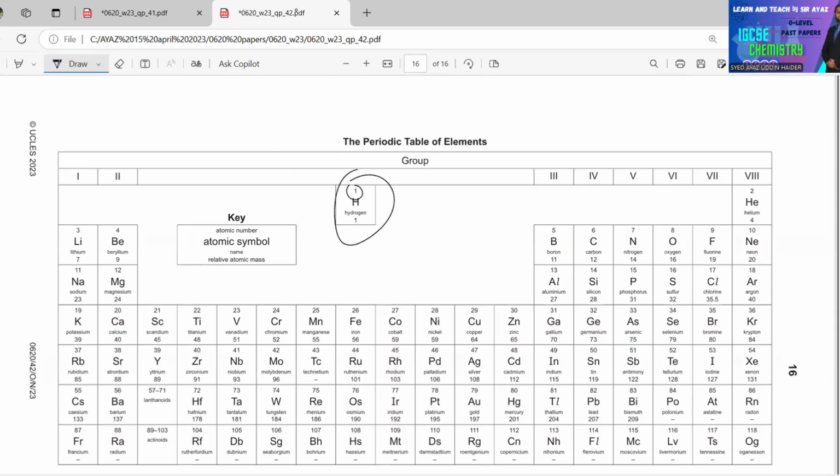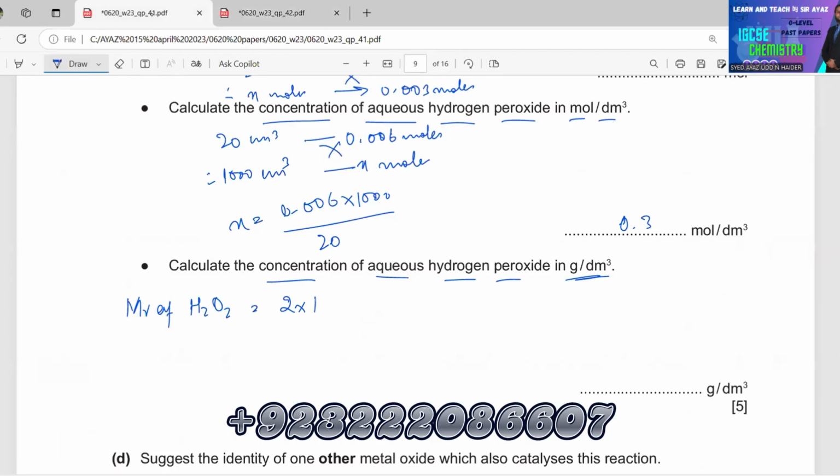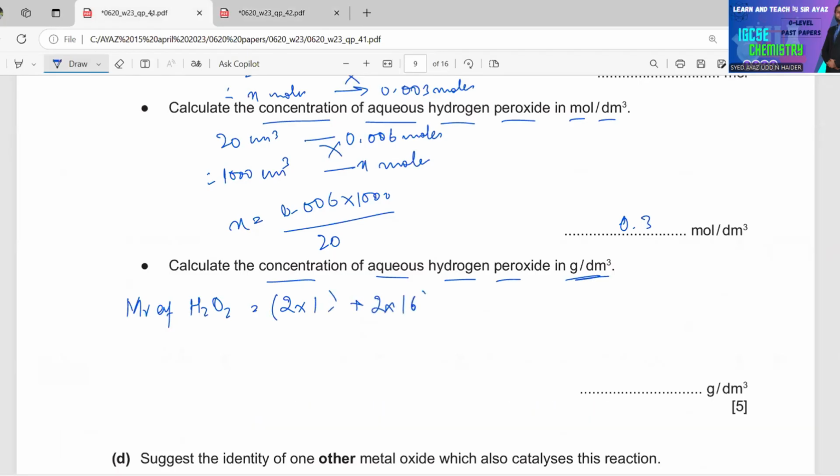What about oxygen? Oxygen has 16 as its nucleon number. So 2 multiplied by 1 plus 2 multiplied by 16. So this becomes 2 plus 32, which is 34.